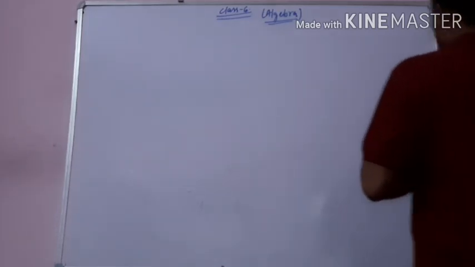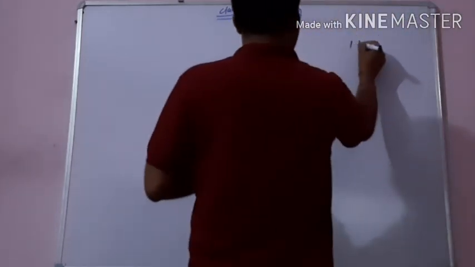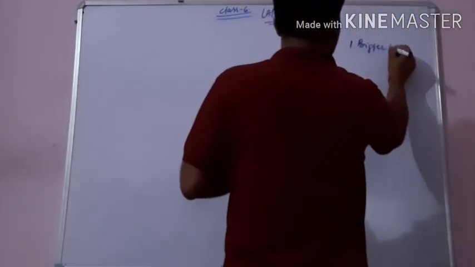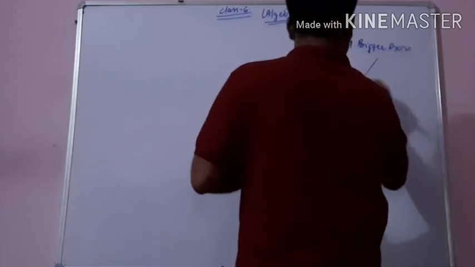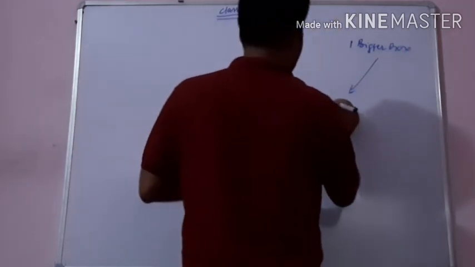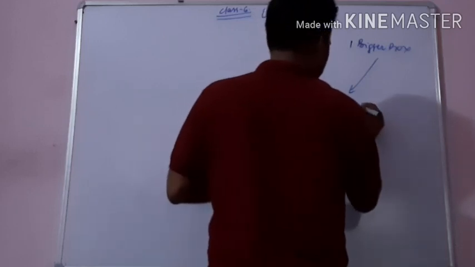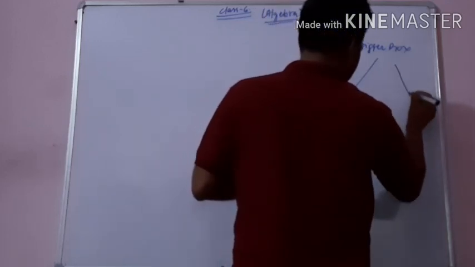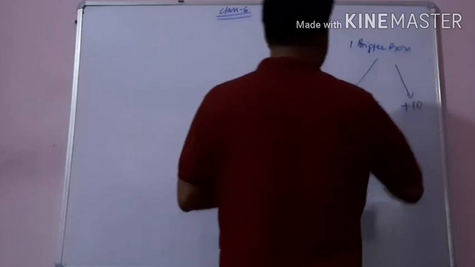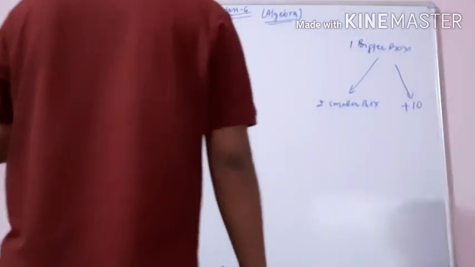So what we can say is that one bigger box is emptied into two smaller boxes plus 10. Extra 10 is remaining.